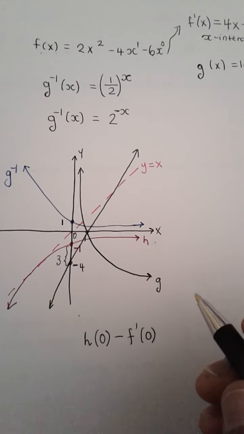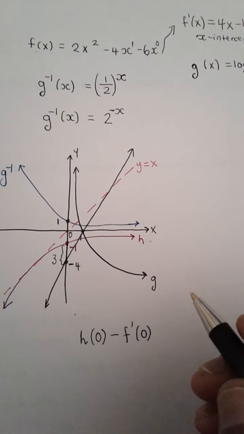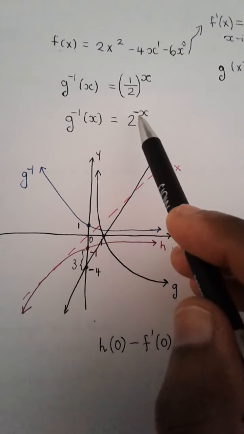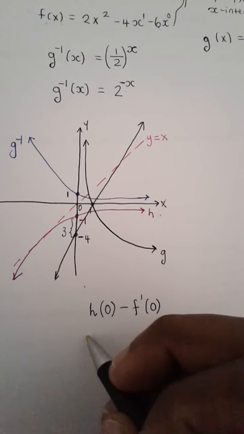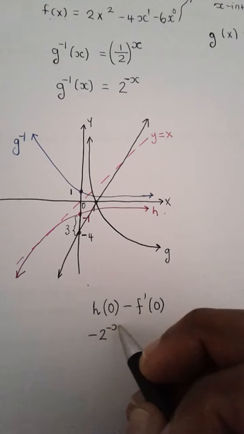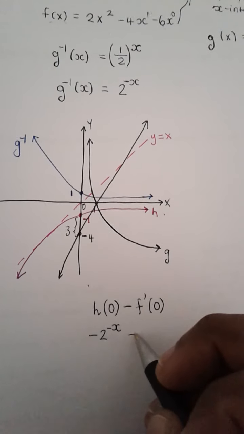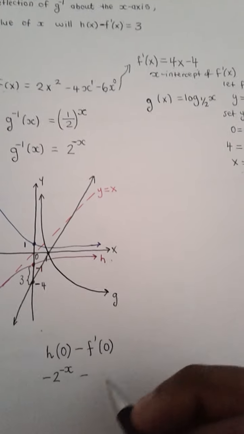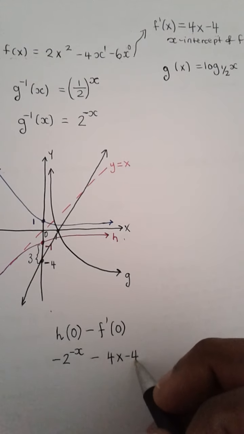What is the equation of h of x? Oh, it's a reflection of g inverse, so it's just the negative form of this. It's negative 2 to the negative x, minus f prime of x, which was 4x minus 4.